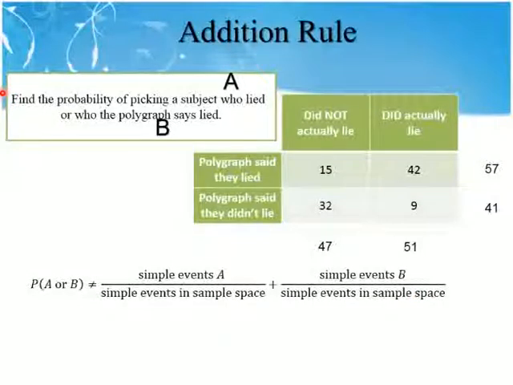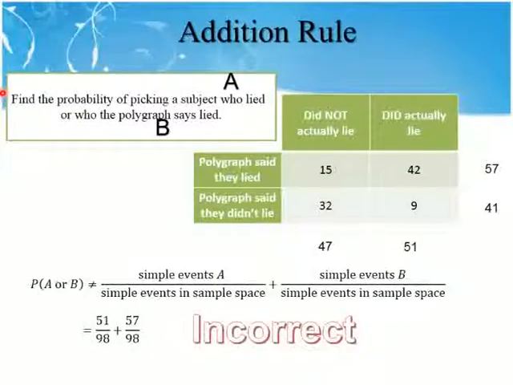If we did this, we would get 51 out of 98 plus 57 out of 98. The problem here, if you actually add those up, you'll get a probability that's greater than 1. But of course, we saw in the last section, we can't have a probability that's greater than 1. So there's something a little more to this.